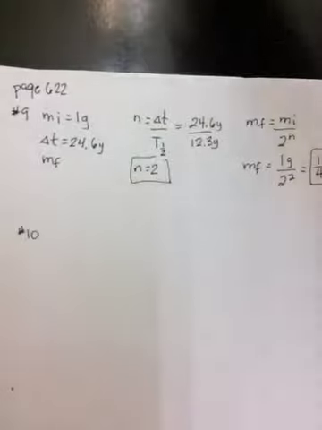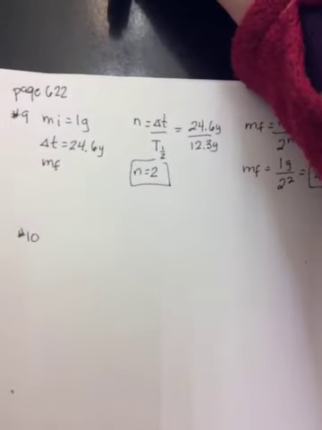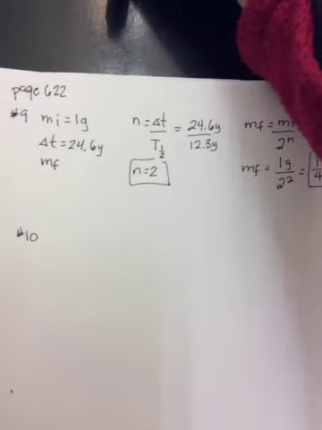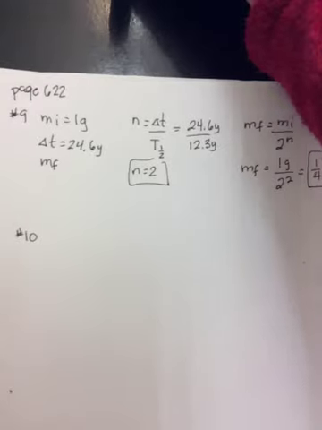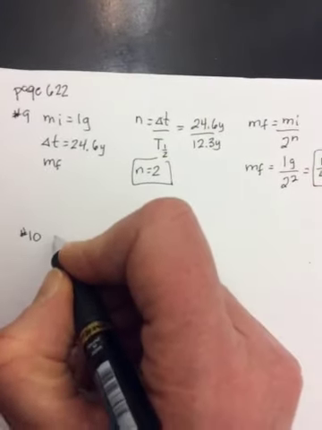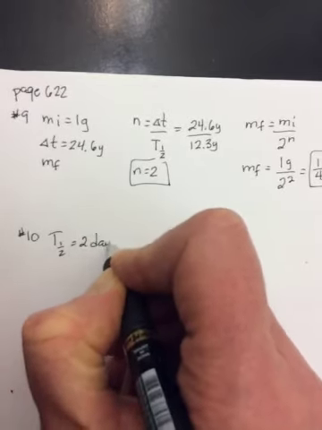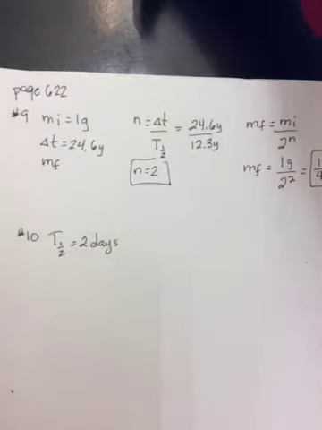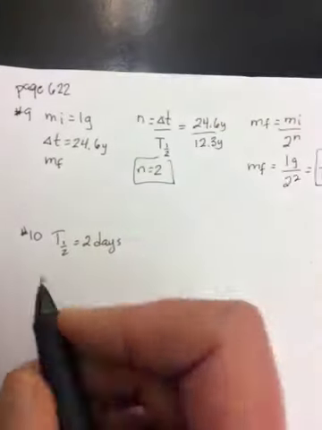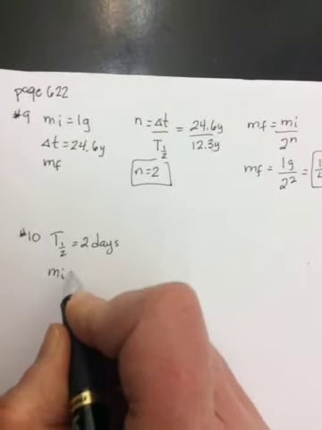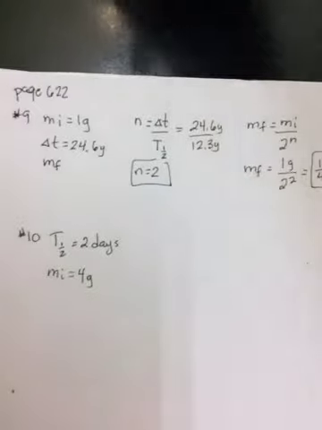Number 10. The isotope of neptunium-238 has a half-life of 2 days. So this time it's telling us T to the 1/2 is 2 days. 4 grams are produced on Monday, so MI is 4 grams.